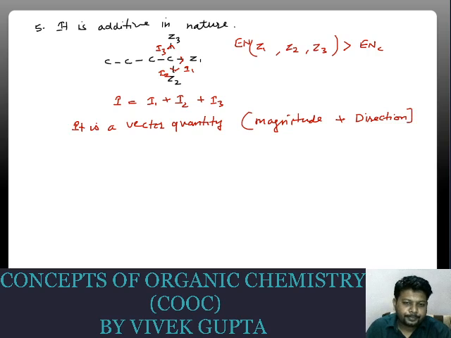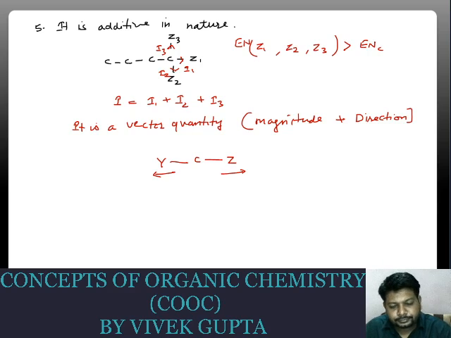So let's say there is a carbon atom and there is a group Z and suppose Y. Y is also pulling electron and Z is also pulling electron. Means suppose this is creating an effect of I1 and this is creating an effect of I2.